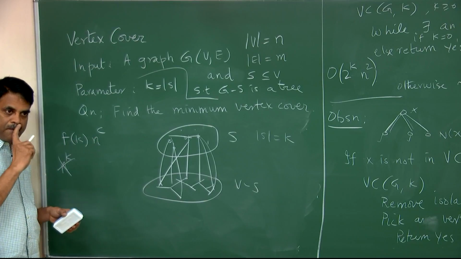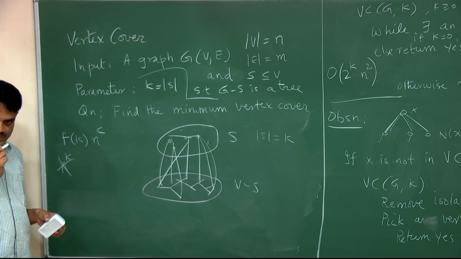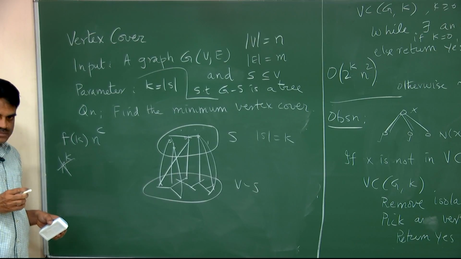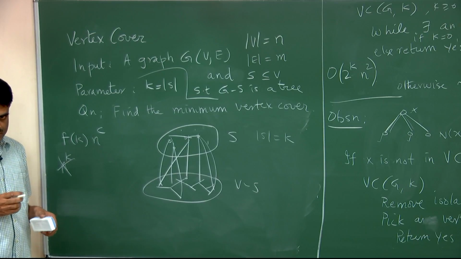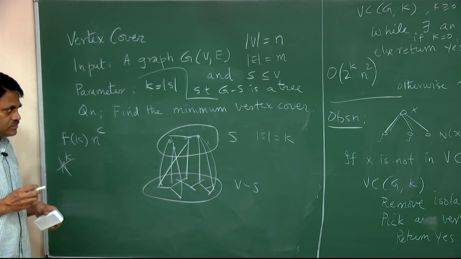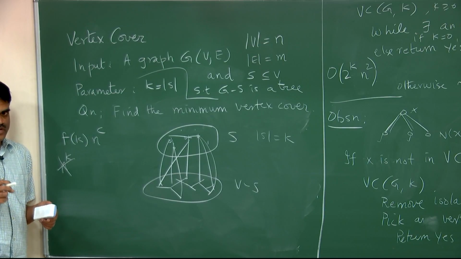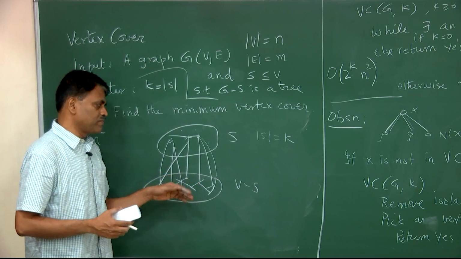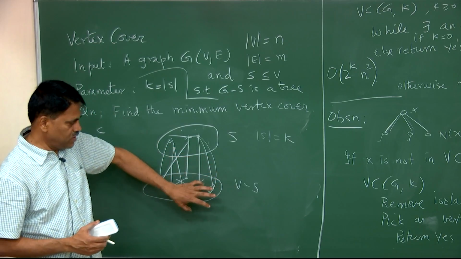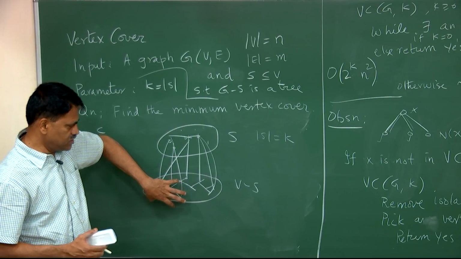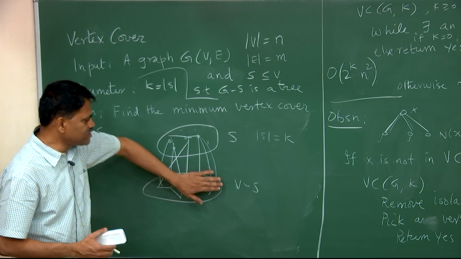So if I take minimum vertex cover in V minus S and add those vertices in S that are not covered by those vertices. Okay, so what you are saying is find a minimum vertex cover in V minus S, which I can do in linear time. That covers all edges here.